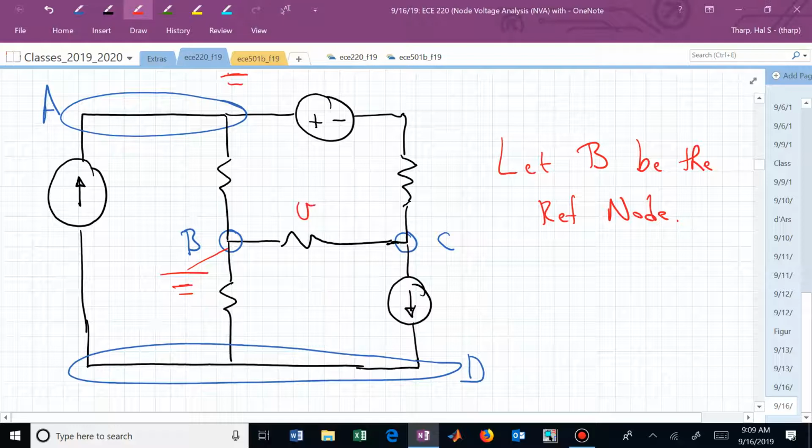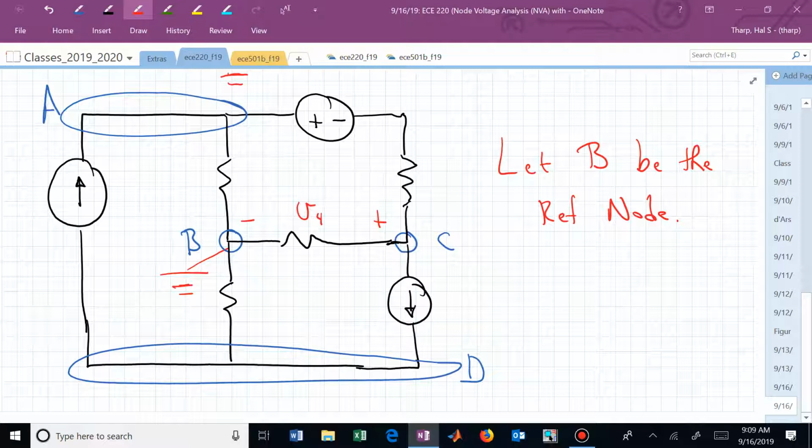Meaning, here's V sub 4, and if I was in the lab measuring this, I would put the red lead, the positive lead, on node C, and the ground lead, or the common lead, would be on B. And I would measure V sub 4.